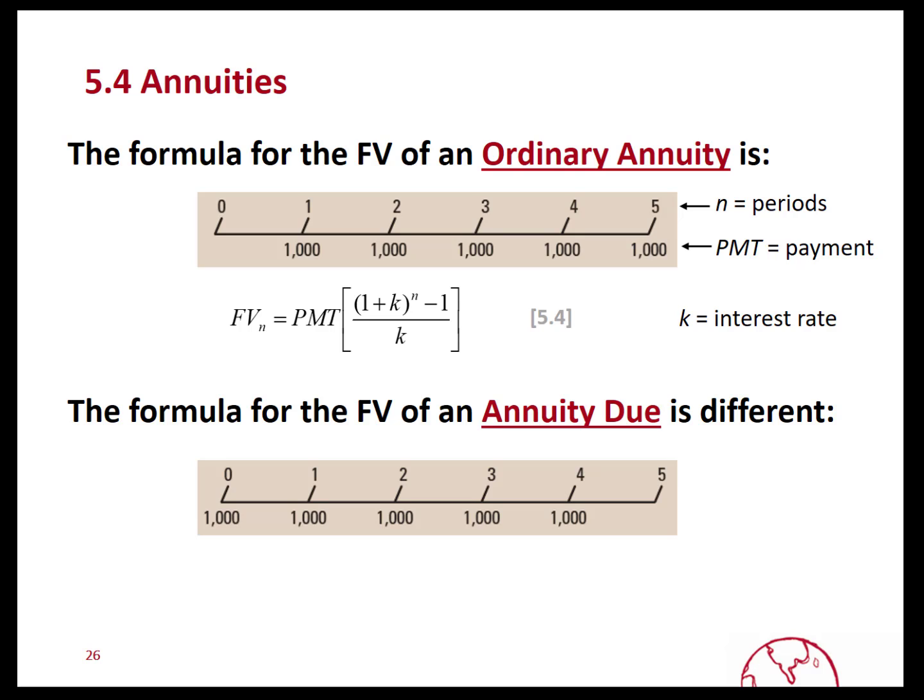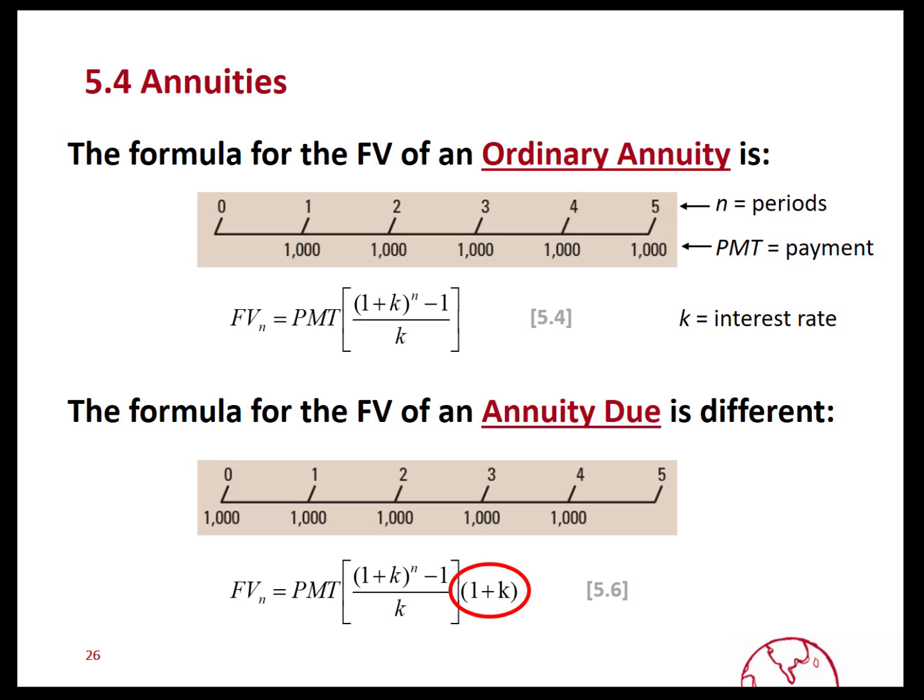Before we look at an example, let's compare this to the formula for the future value of an annuity due. Remember that for an annuity due, payments are coming at the start of the period, not at the end of the period. Notice that the formula looks almost the same except for one difference. The difference is that we have to grow whatever we receive by 1 extra period.